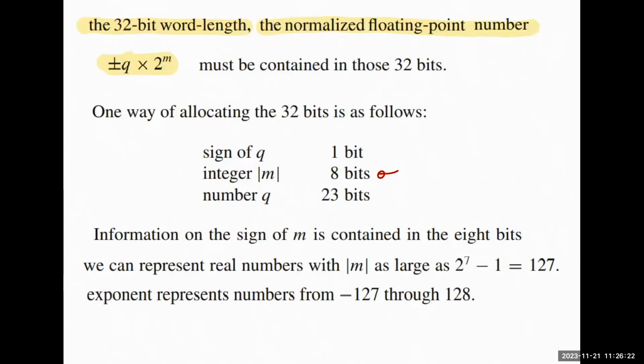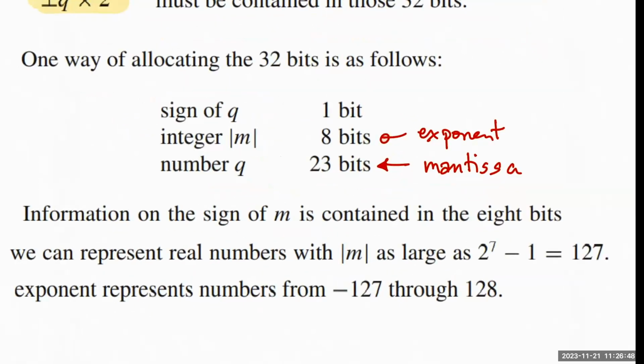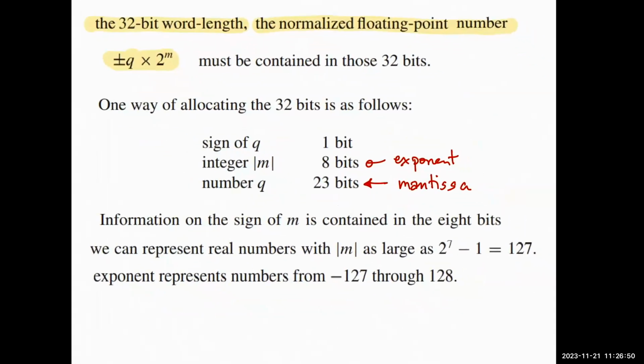Q is the mantissa and M is the exponent. So the first bit is 0 or negative 1.